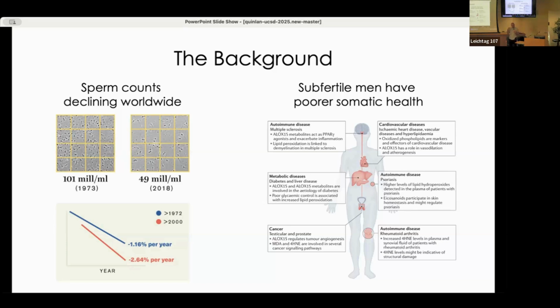So if there's elevated germline mutation rate, you might have elevated somatic mutation rates as well, which would lead to some of the observations of increased cancer risk, increased hospital visits, increased risk for many different phenotypes in subfertile men. So this background had us thinking about, well, could we actually demonstrate that there's elevated mutation levels in subfertile men, both in their gametes and in their soma?